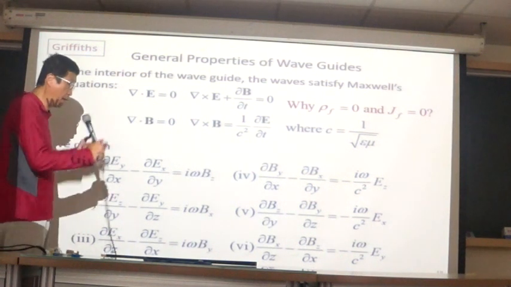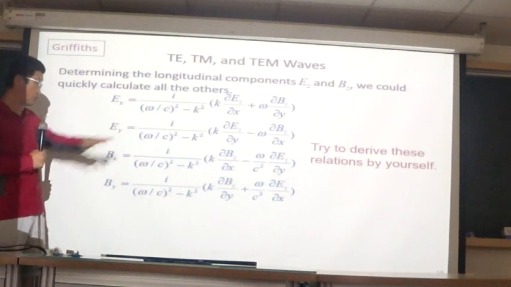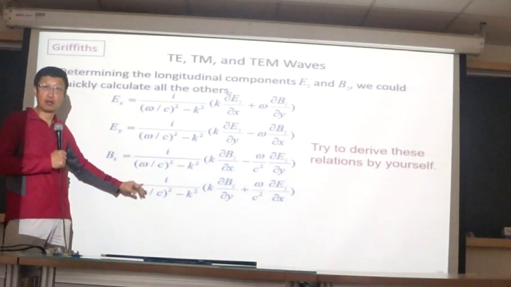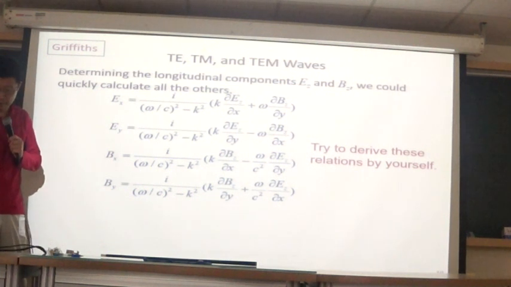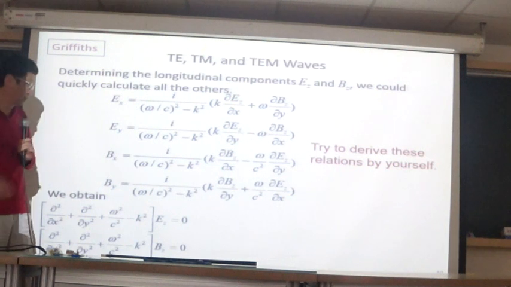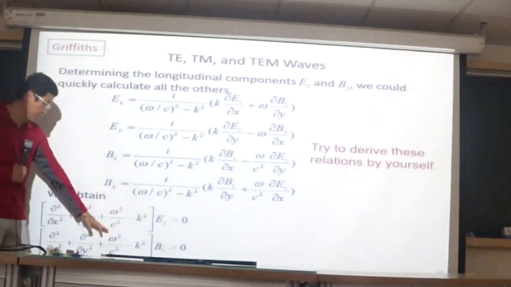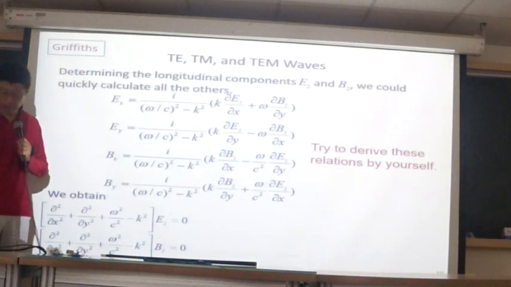Then combine, and you can form these relations. Try it, not very difficult for x, y, z components. So the transverse components can be derived from Ez and Bz from these relations. Okay, what's next?